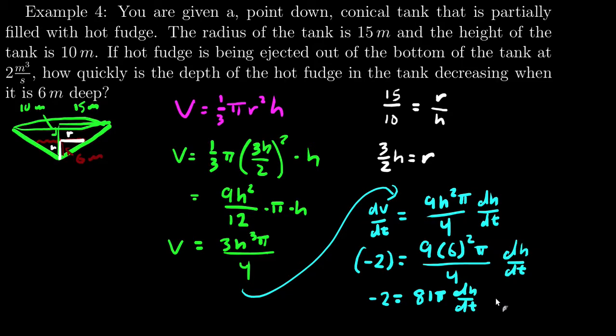And just divide both sides by 81 pi, and so I get dh/dt is equal to negative 2 over 81 pi.